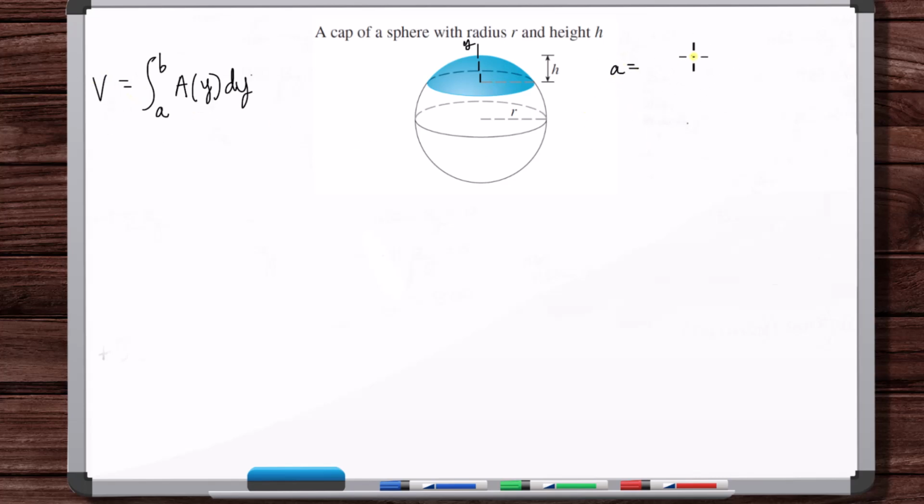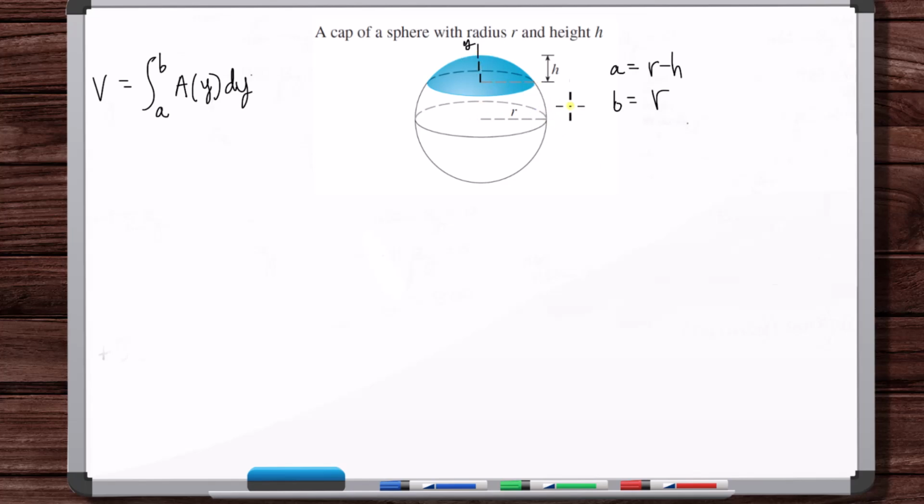The a is going to be, you can see, r minus h, and the b will be r, right? R is the radius of the whole sphere here. So we're going to have to make a distinction between the radius of the cross section and the radius of the sphere. The radius of the sphere minus h gets you to a. Just the radius of the sphere gets you to b.